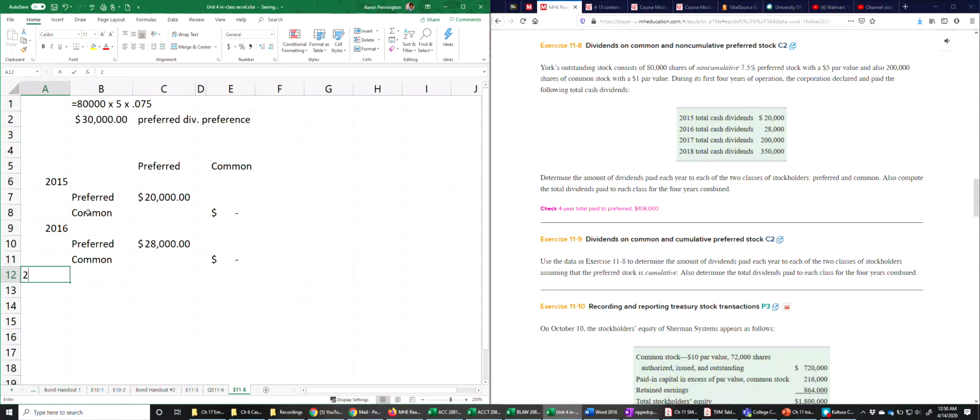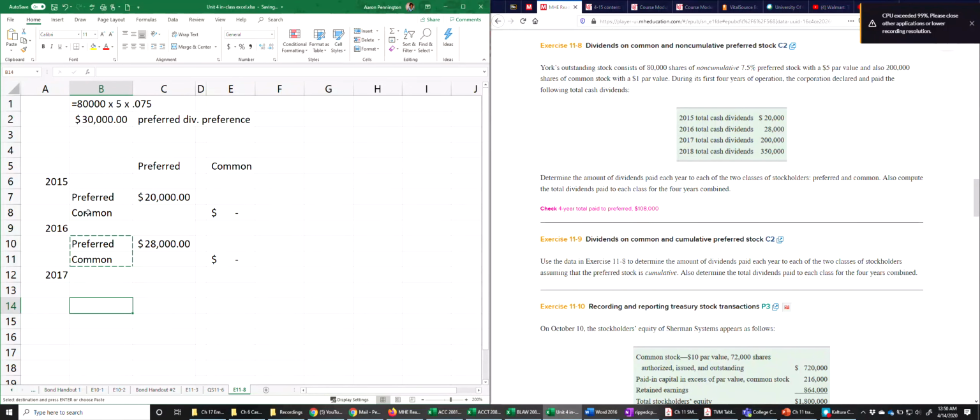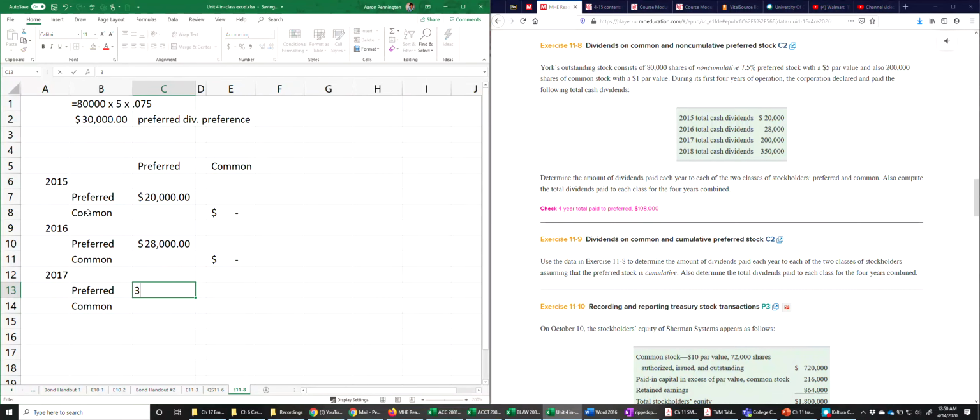2017. 200,000 declared. So the first 30,000 goes to preferred, and the balance goes to common.